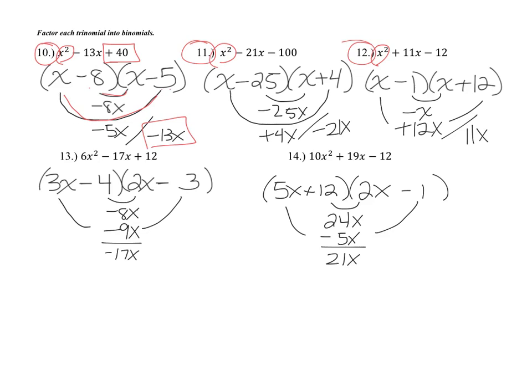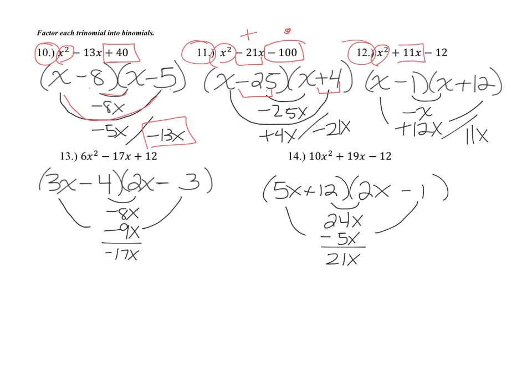So really, with these problems, these first 3, you're really just looking for 2 things that multiply to give you the last term, but add to give you the middle term, right? So we're multiplying to get the last term, we're adding to get the middle term, right? Isn't that true? -25 times 4 is -100, and -25 plus 4 is -21.